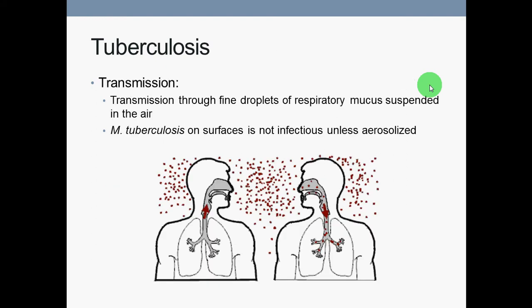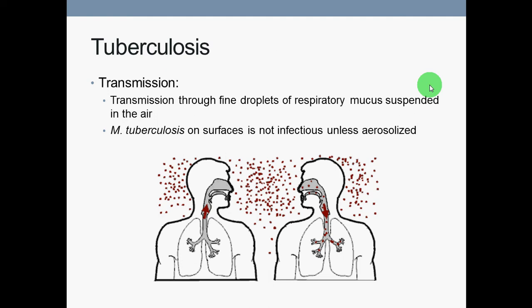TB is transmitted through fine droplets of respiratory mucus suspended in the air. So it is contact with respiratory fluids, and it is passed through the air. You can be in the same room with somebody and contract TB. You don't have to have close personal skin-to-skin contact or contact from blood to blood.